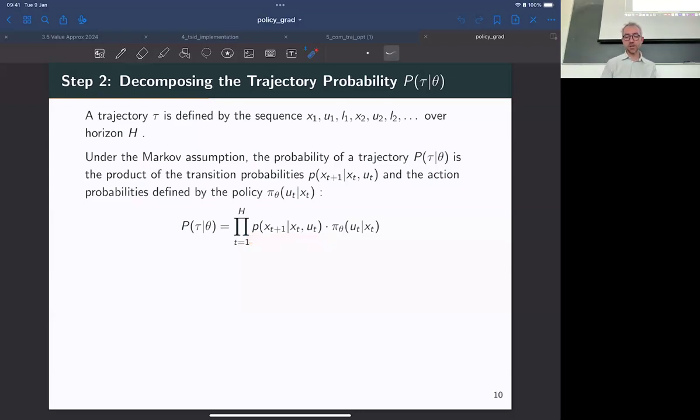Of course, if we were in a deterministic setting, these probabilities would be 0 for most choices of x and u, and they would be 1 for the trajectories that have non-zero probability. But in general, we are in a stochastic setting, so these probabilities can take any value, and some trajectories will have a higher probability of being visited and others a smaller probability.